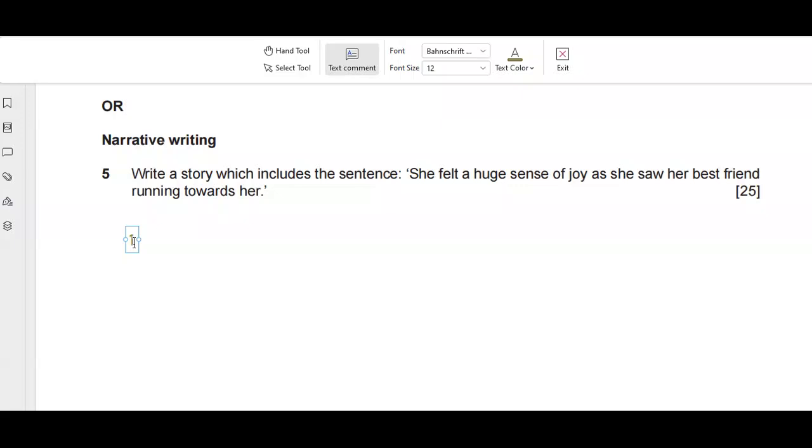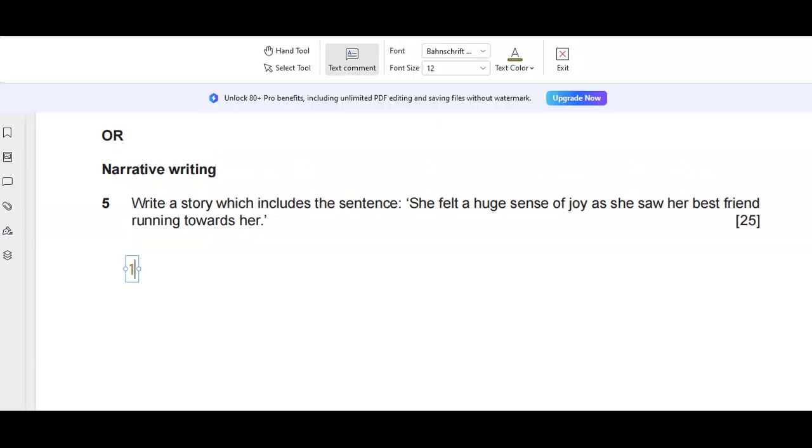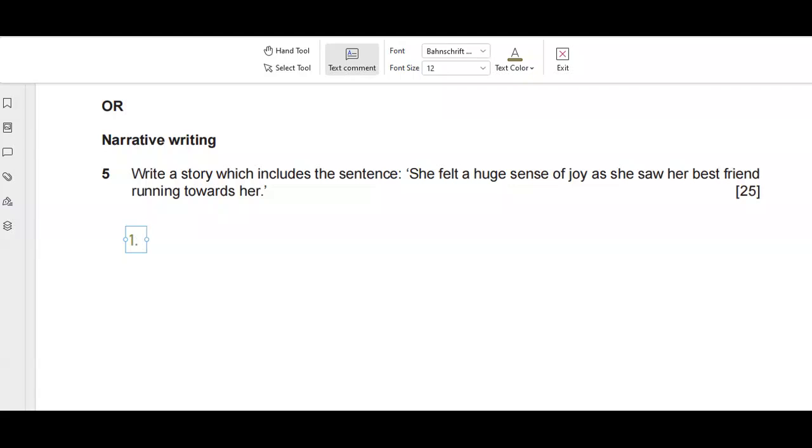For your plan, the first thing that you need to mention is the introduction. It can be a very short paragraph. You're going to introduce both people very briefly. You can mention that they live very different kinds of lives.